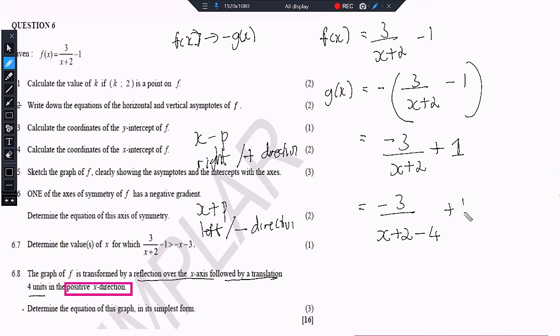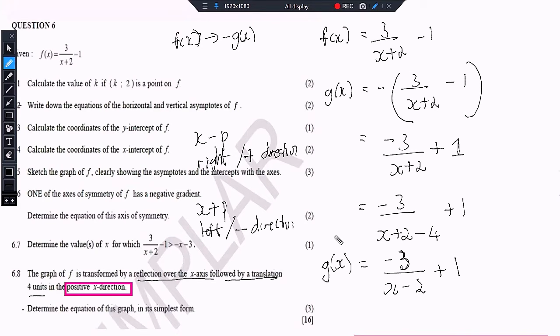Okay, so I have plus 1 here, and this is supposed to be negative 3 over, so 2 minus 4, this is going to give us minus 2, so x minus 2, and then plus 1. So this becomes our equation for g of x.